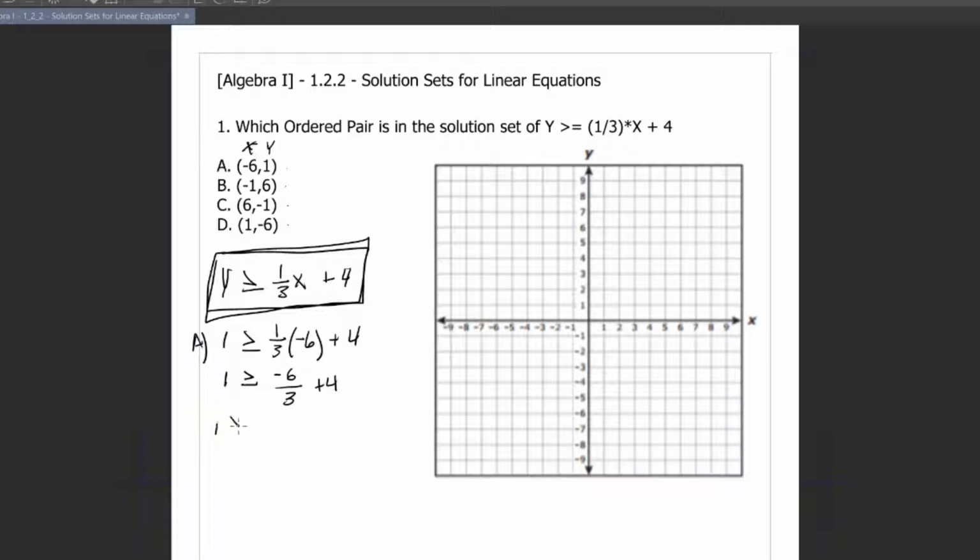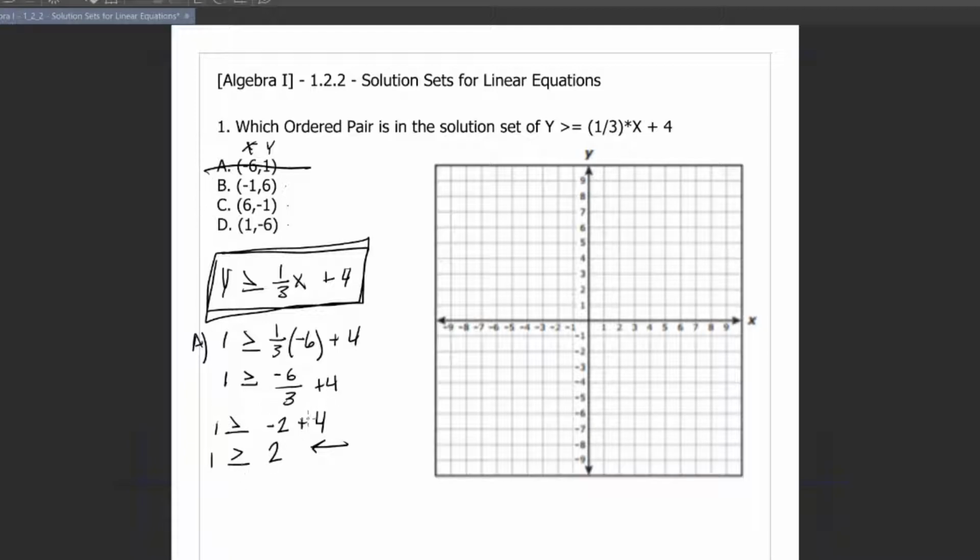Simplifying further, -6/3 is the same as -2, plus 4, so 1 is greater than or equal to 2. After plugging in, is this statement true? Is 1 greater than or equal to 2? No, so it's false, and we know it's not A. You would do that for each of these ordered pairs.